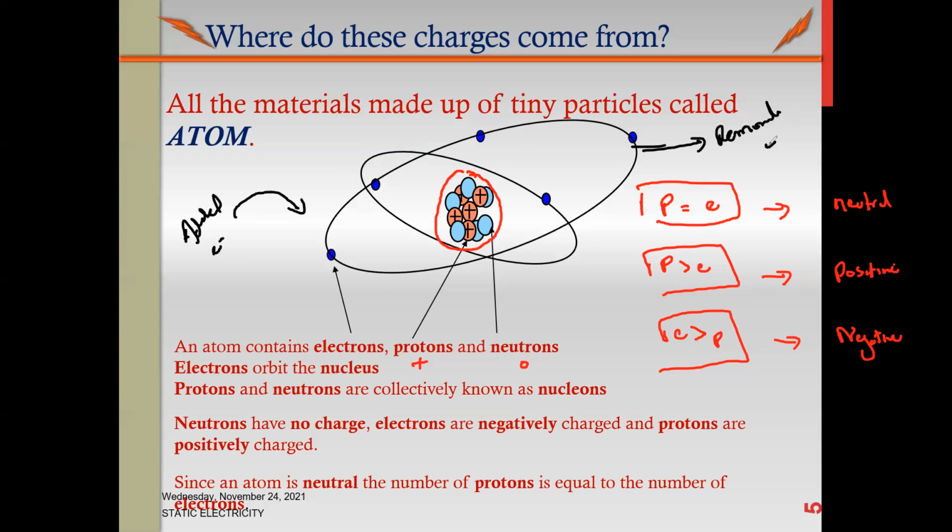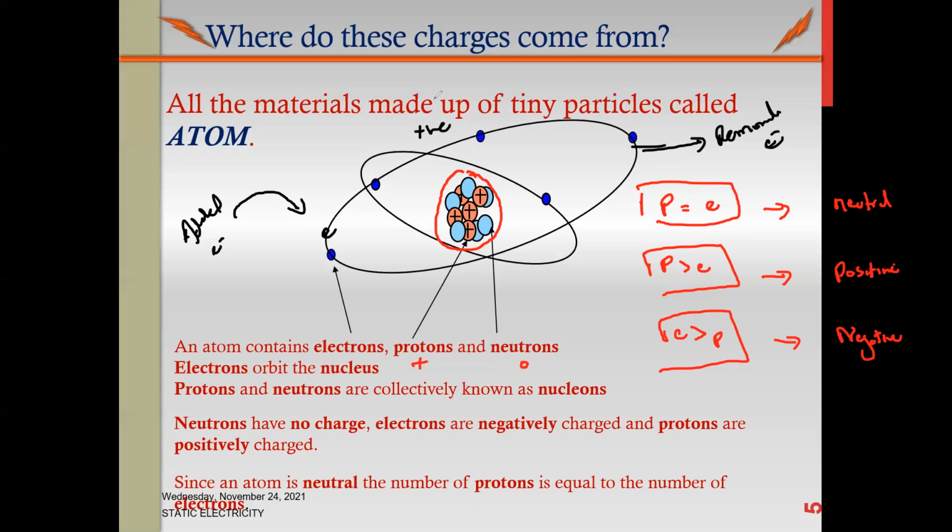If another electron is added, it will turn into a negative ion, because it will have more electrons than protons. And if an electron is removed or lost, the number of electrons will be less and the number of protons will be more, so overall this atom will be positively charged.